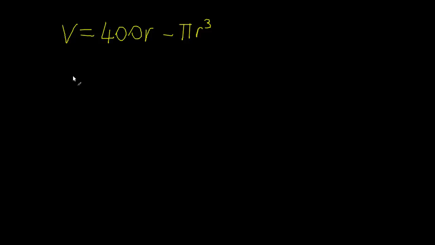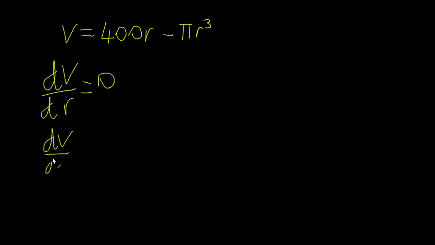If we're looking for a stationary point, that means we're looking for a value where dV/dr is equal to 0. So that means we need to find the differential and find the value of r that gives us 0 for the gradient function. So the differential would be dV/dr.